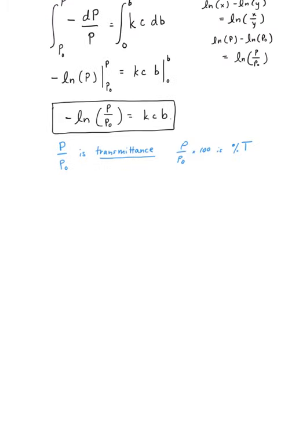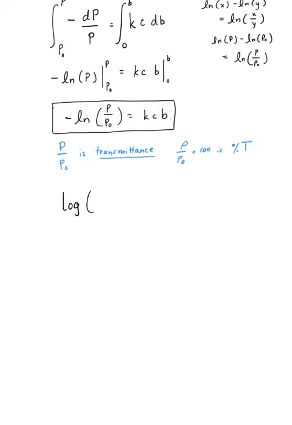It can be useful then if we can express this percent transmittance through a quantity that's a little bit more direct. What we're going to do is change the base of this natural logarithm to base 10, a log base 10 instead of base e, and rearrange the equation that we've got there. The actual math of how we do that isn't quite as important as the quantity we end up with.